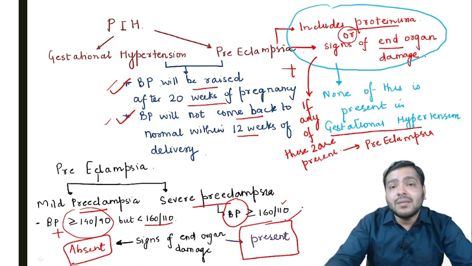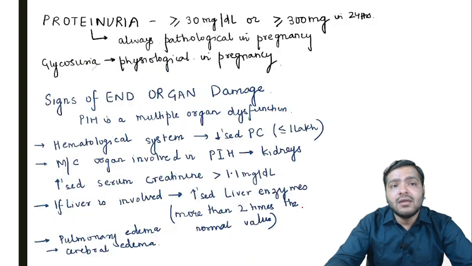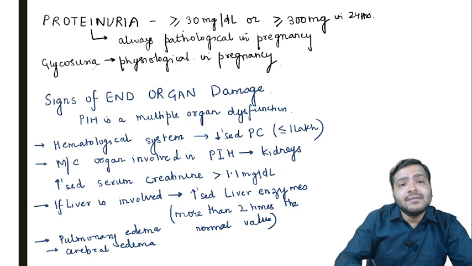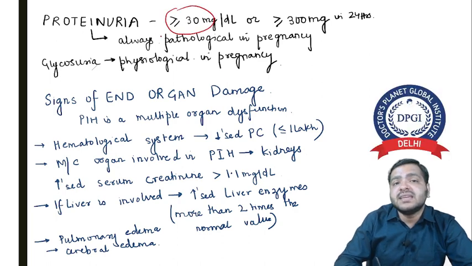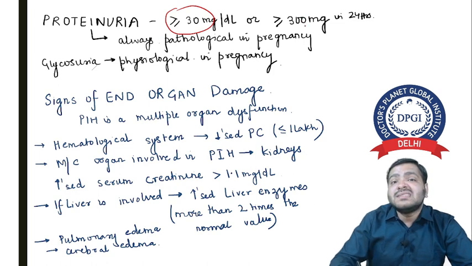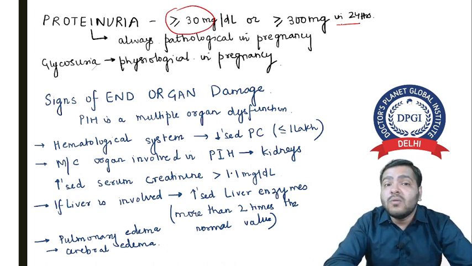So, giving some important aspects related to how to diagnose proteinuria. Remember that if the protein concentration is more than 30 milligram per deciliter or more than 300 milligram in 24 hours, okay, and remember that proteinuria is always pathological in pregnancy. Whenever you encounter a pregnant woman with proteinuria, it is not physiological, it is always pathological in pregnancy.